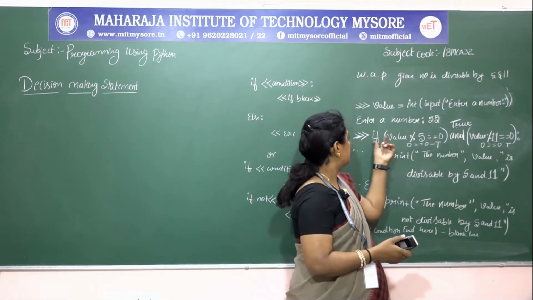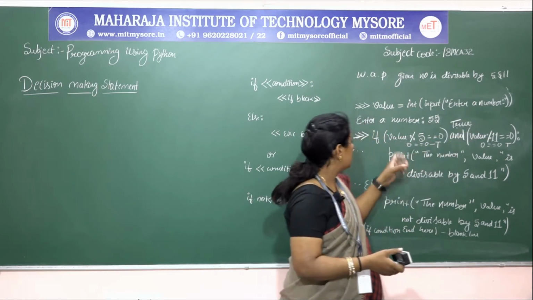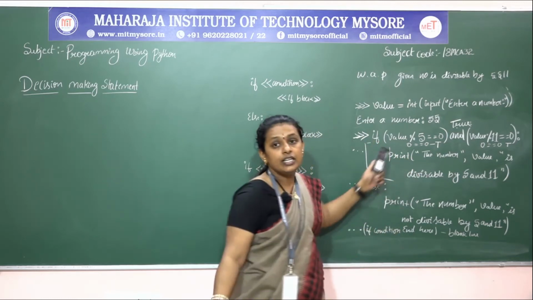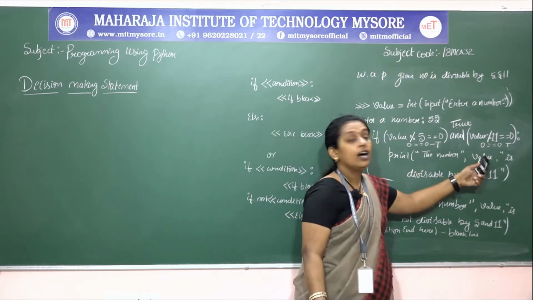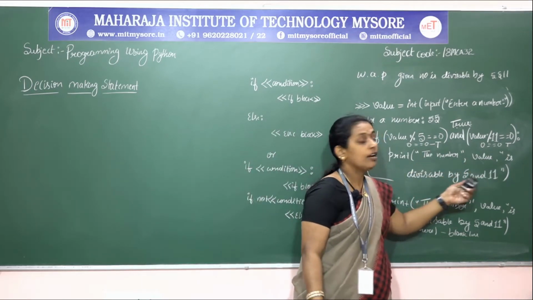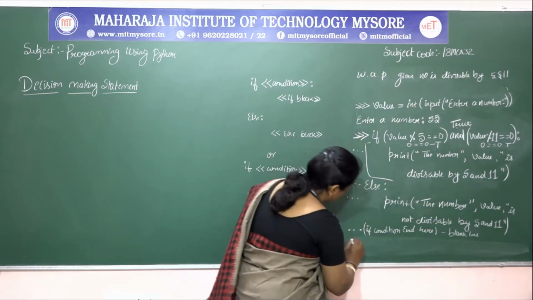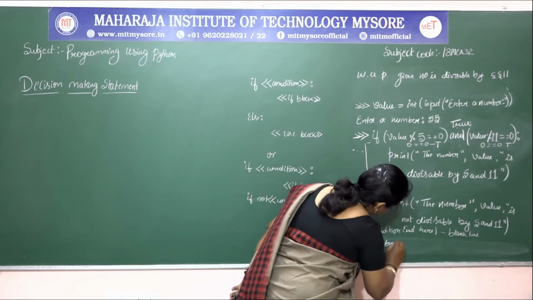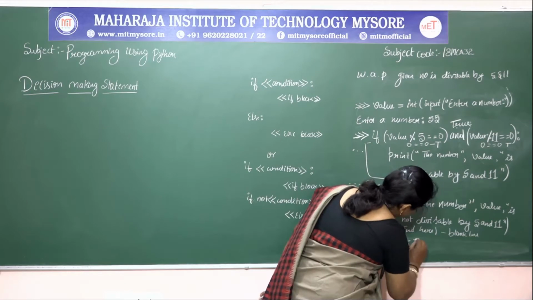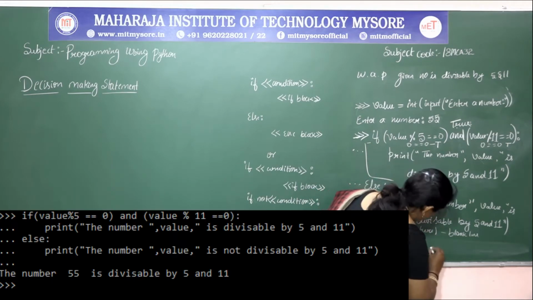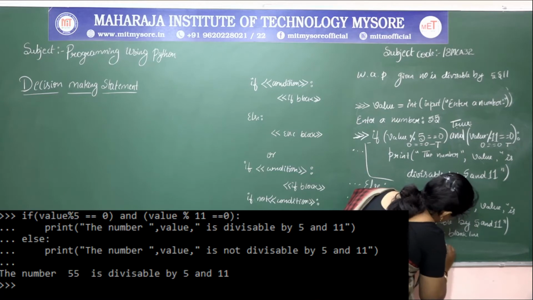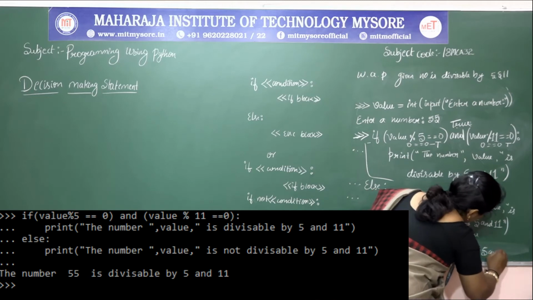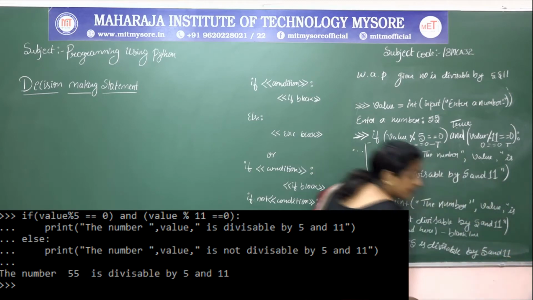When the whole condition becomes true, the content present in the if block will be executed, that is, the number 55 is divisible by 5 and 11.